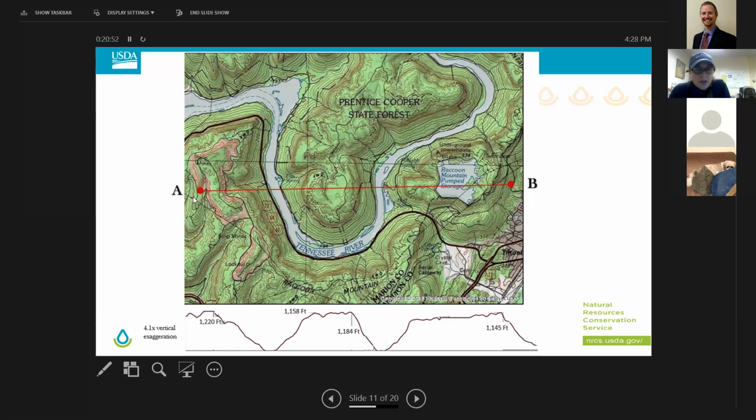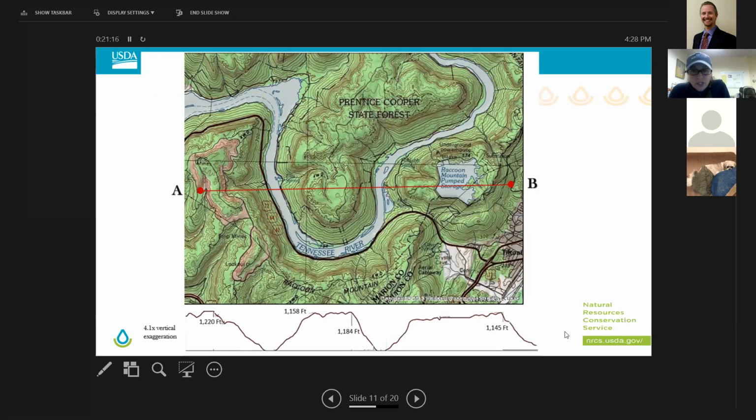Say I'm hiking from A to B. Here's my starting point down lower, and then I'm going to cross 1,220 foot elevation. I'm going to hike all the way down, come all the way back up, back down, and then it's going to level out.